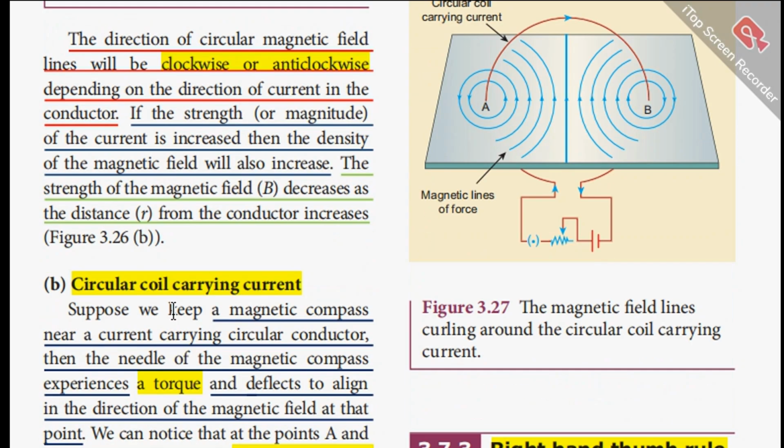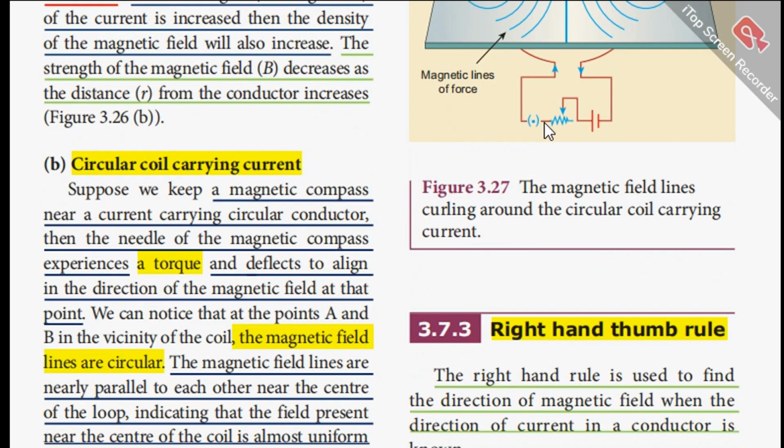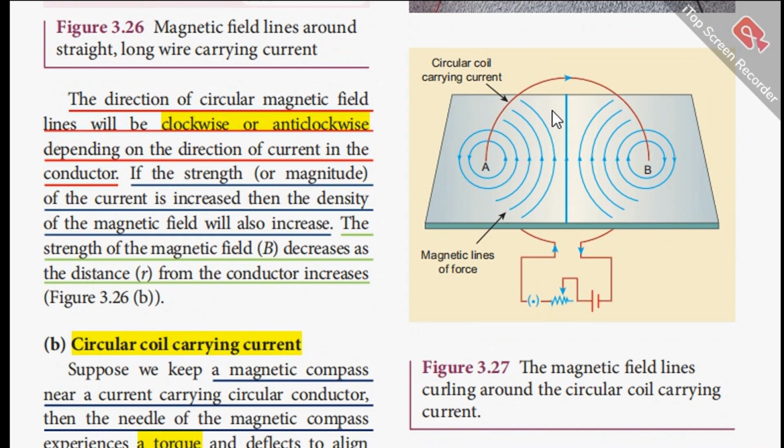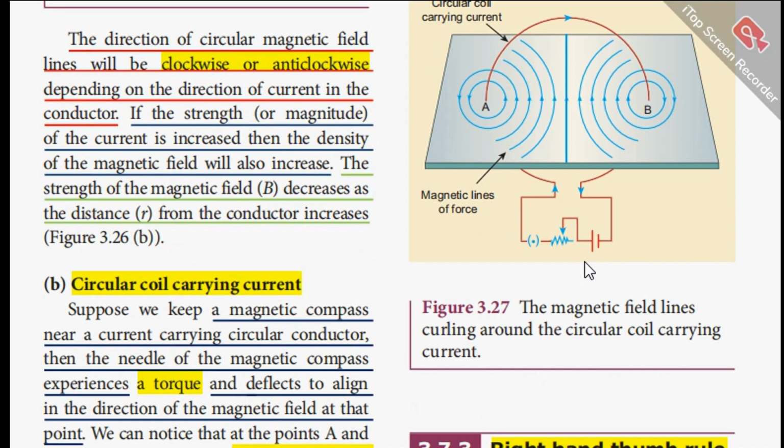Next we will study about the circular coil carrying current. So that will be like this. In this diagram, there is a current carrying circular conductor, and the needle of the magnetic compass experiences a torque and deflects to a line in the direction of the magnetic field at that point.